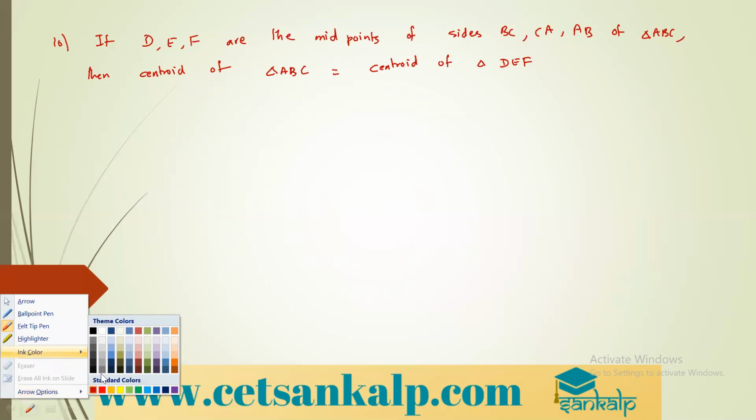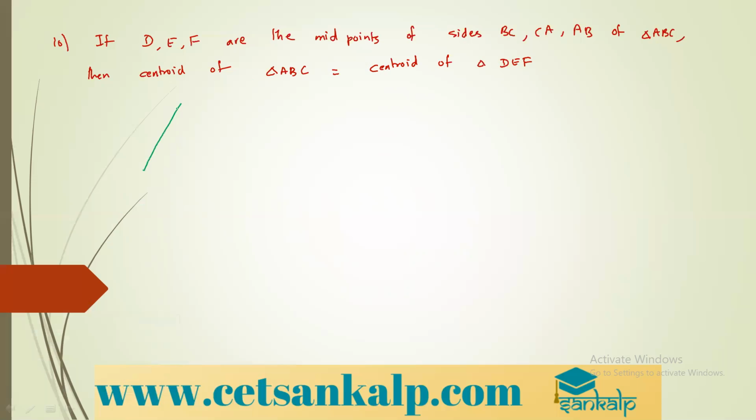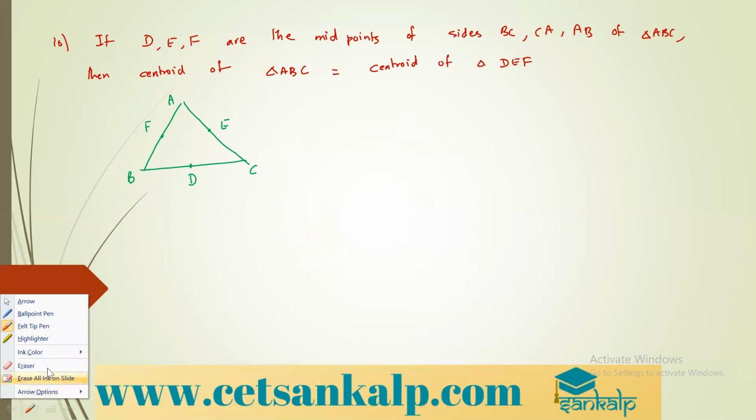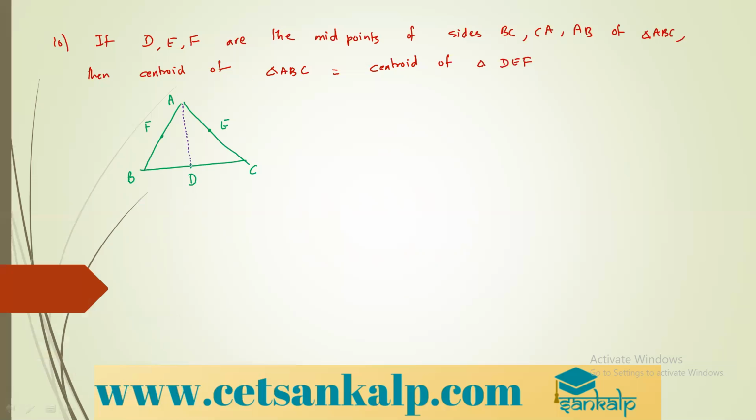If you look at the diagram, I think that would be better. I am drawing the triangle ABC. For the side BC, the midpoint is D. For CA, the midpoint is E. And for AB, the midpoint is F. So I will have to take the centroid. What do you mean by centroid? From A, you join the midpoint of the opposite side.